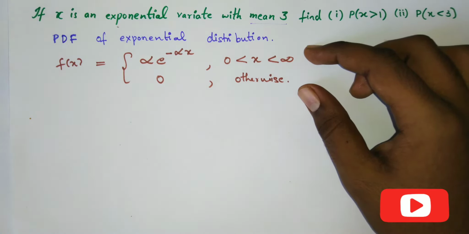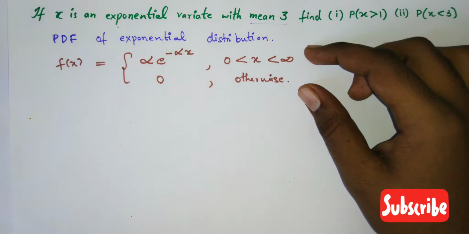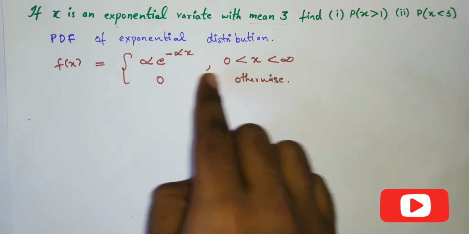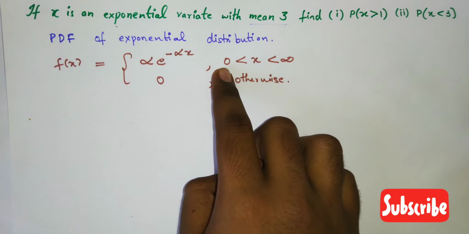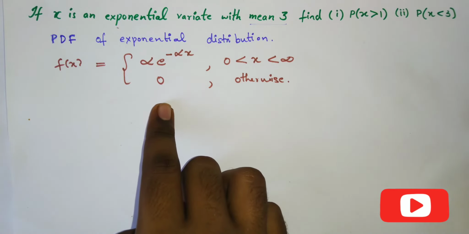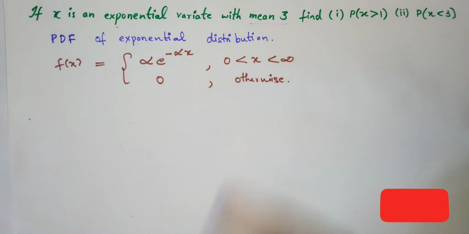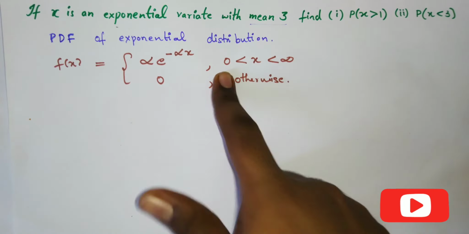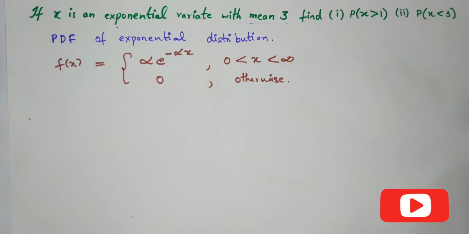If any question is related to an exponential variate or exponential probability distribution, we have to take this function f of x as alpha e power minus alpha x when x lies between 0 to infinity, and f of x is 0 otherwise.